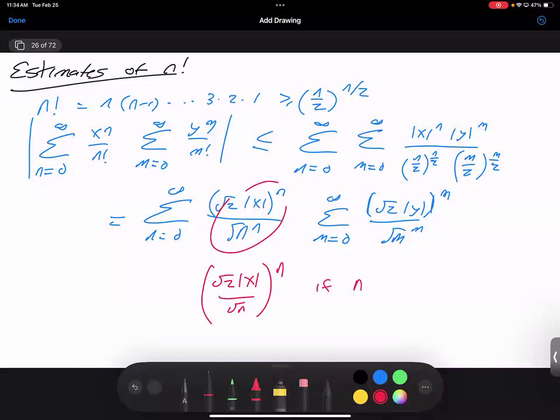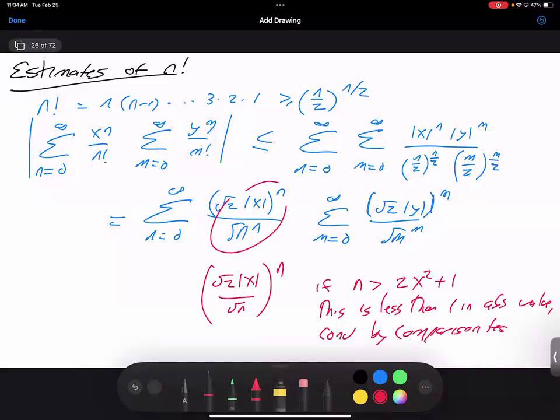If n is greater than 2x squared plus 1, this is less than 1 in absolute value, and it converges by comparison test with the geometric series. I just want this expression to be less than 1, then by the geometric series it works. So once n is greater than 2x squared plus 1, I'm going to be fine.